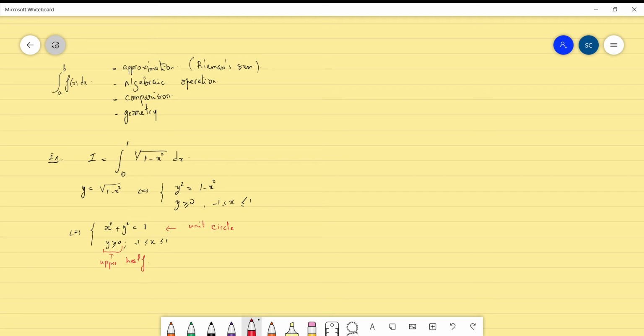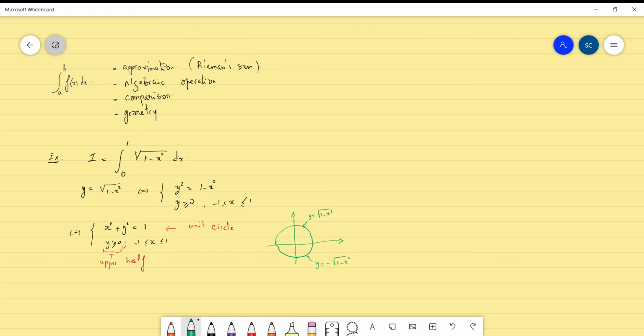If you want to graph it, here is my unit circle. It's not that accurate, but it's okay. Here I have the upper half, y equals the square root of 1 minus x^2. The lower half has the equation y equals minus the square root of 1 minus x^2.